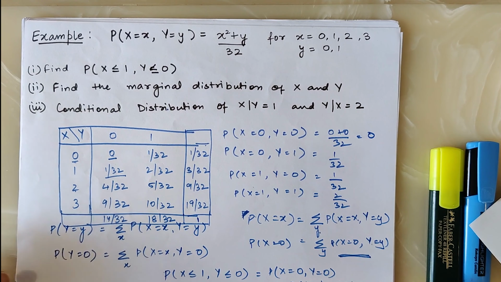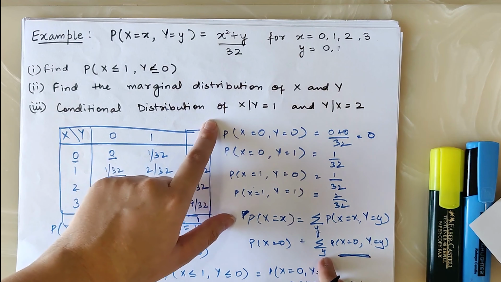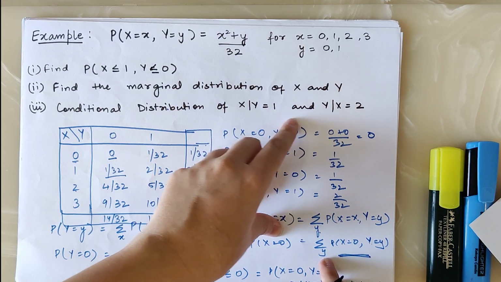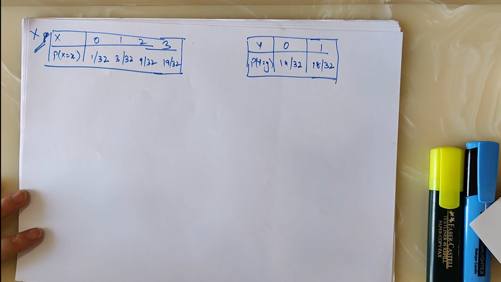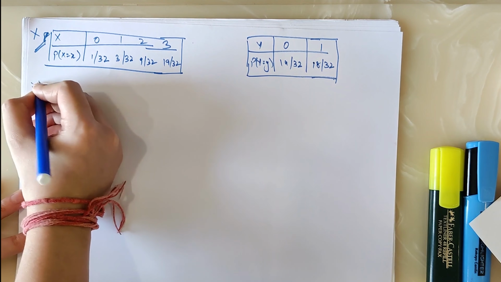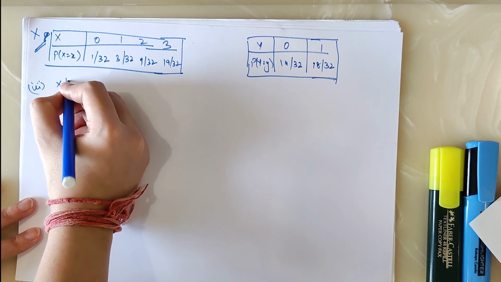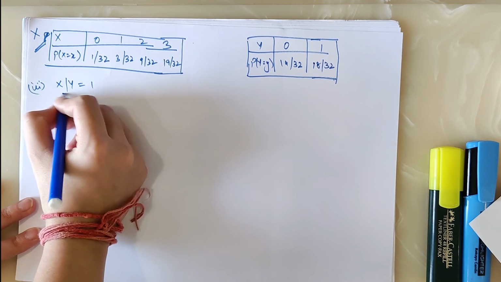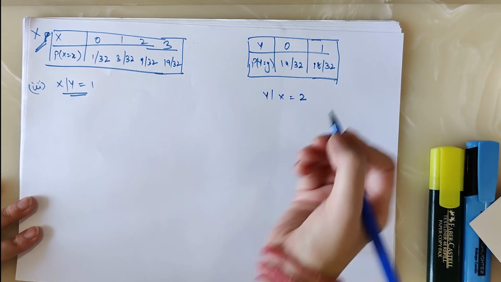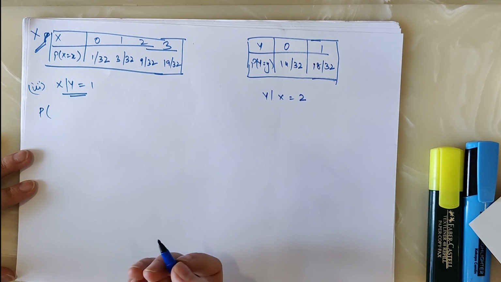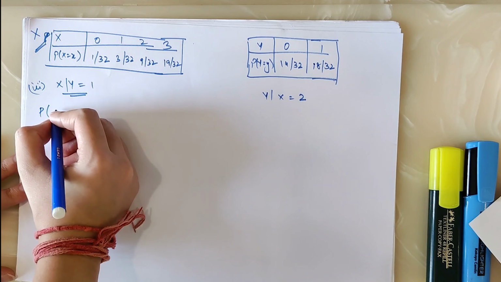Now the third part is finding the conditional distribution of x given y is equal to 1 and y given x is equal to 2. So what is the formula for conditional distribution?